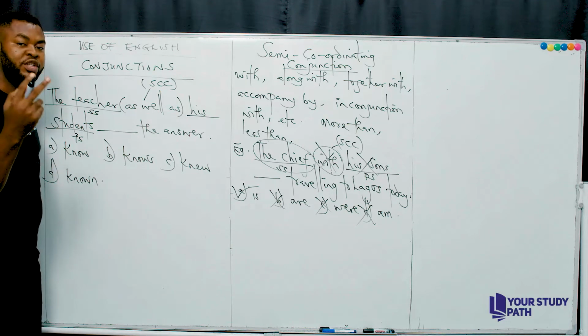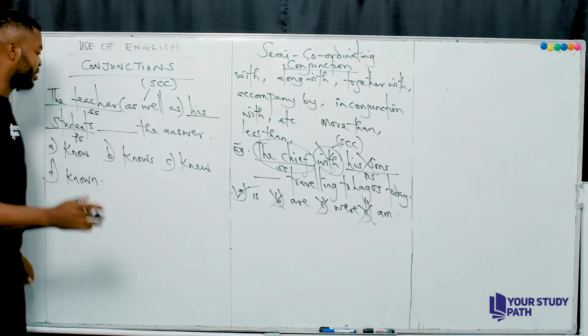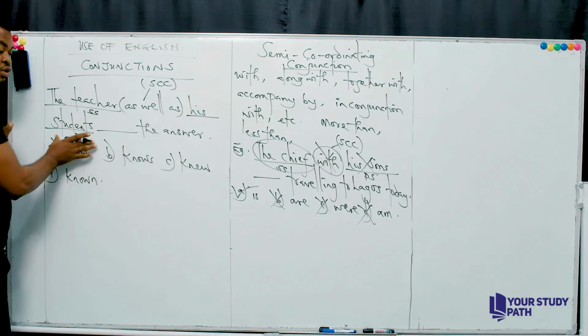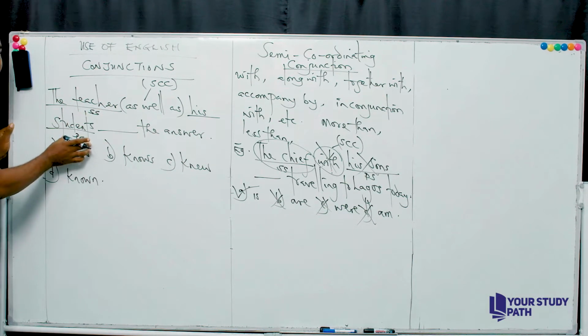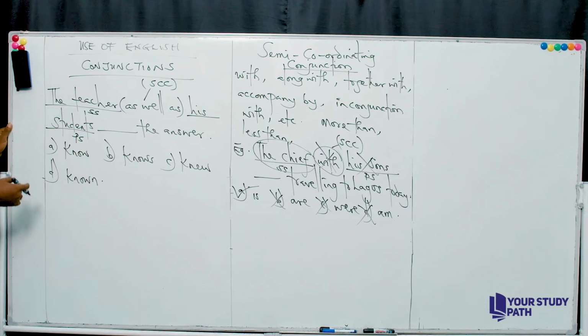Two subjects. What are the two subjects? This is the first subject. This is the second subject. The first subject is singular. The second subject is plural. Is that okay? So that means that here, it is the first subject that determines the verb. That's just the logic behind it.